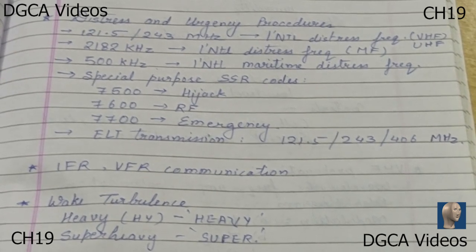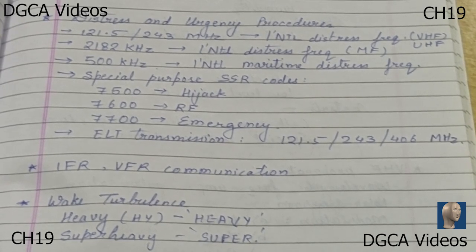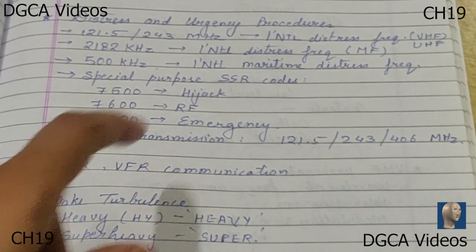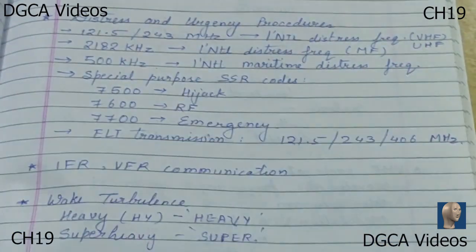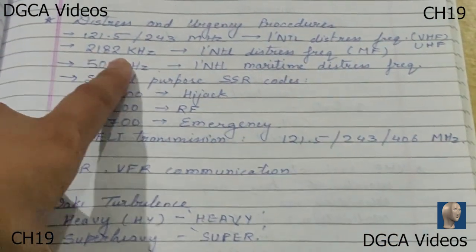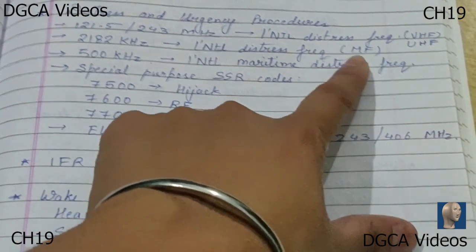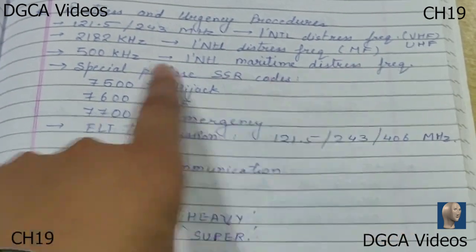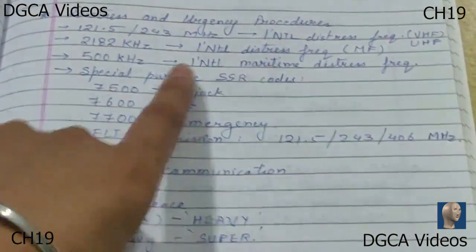Namely, 121.5 or 243 megahertz. This is the international distress frequency in the VHF and UHF range. 2182 kilohertz is the international distress frequency in the MF range. 500 kilohertz is the international maritime distress frequency.